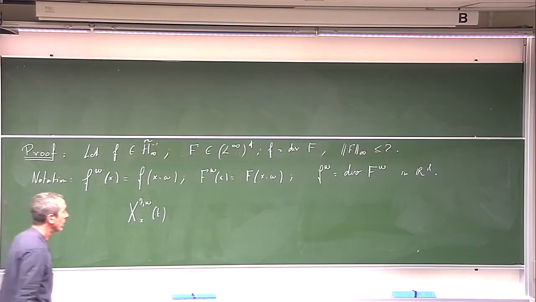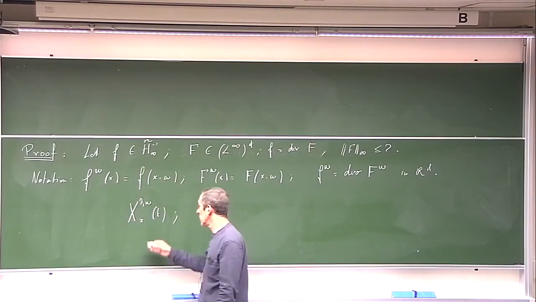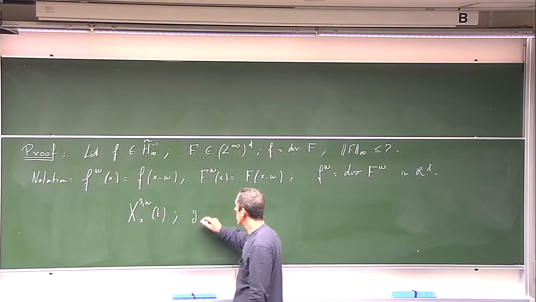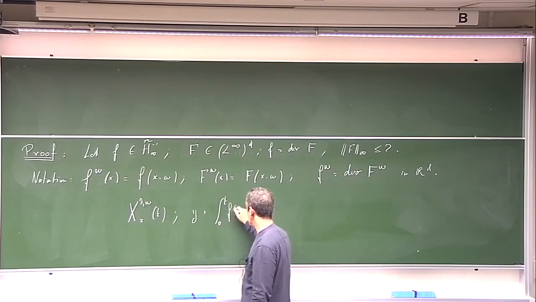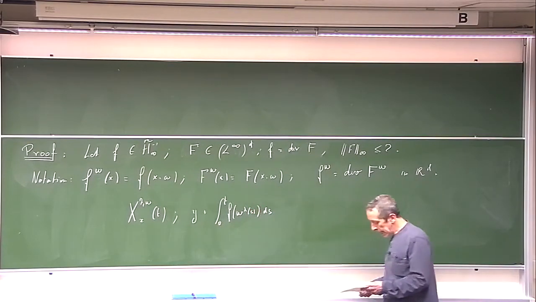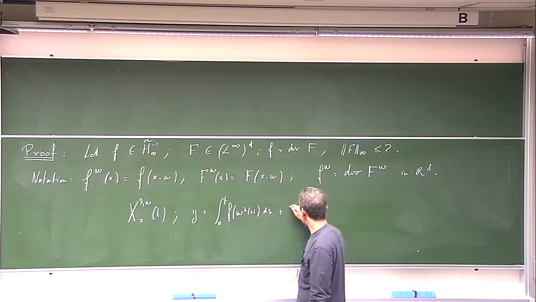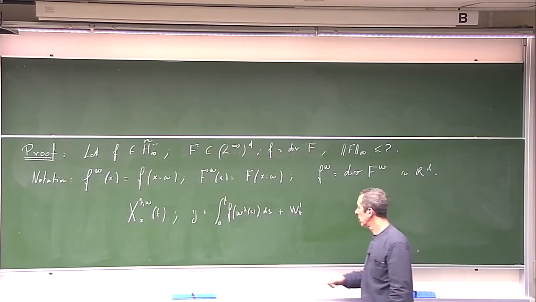So the trick to do that is to look at the d plus one-dimensional process that you obtain by looking at the diffusion itself and adding something, a last component, which includes the additive functional we want to look at. So the integral of f_omega of the diffusion, ds. And I want the process to be non-degenerate, so I will artificially add an extra diffusing Brownian motion.